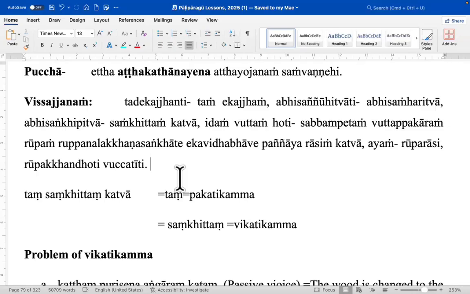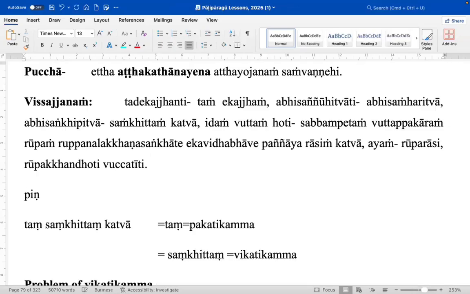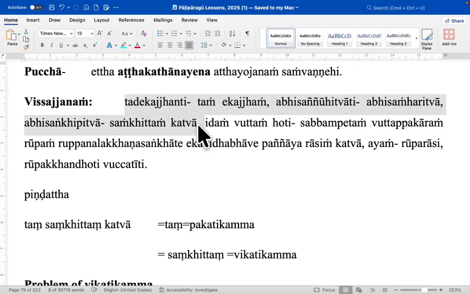It's like a clarification, because up to this it is very brief, like having summarized that matter collectively.